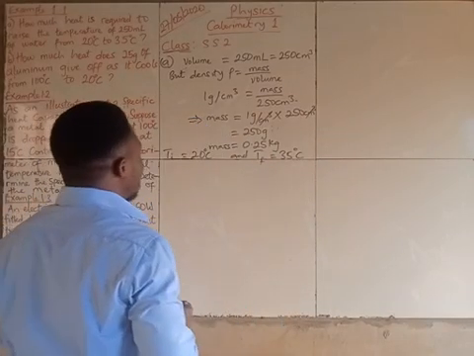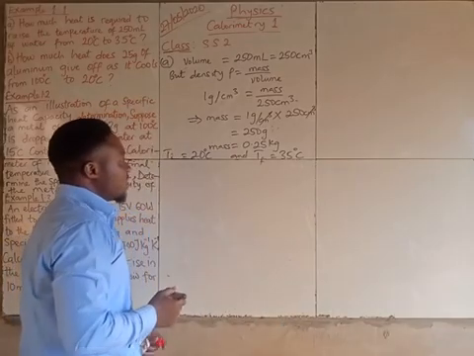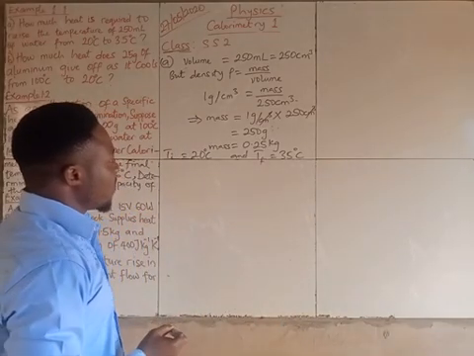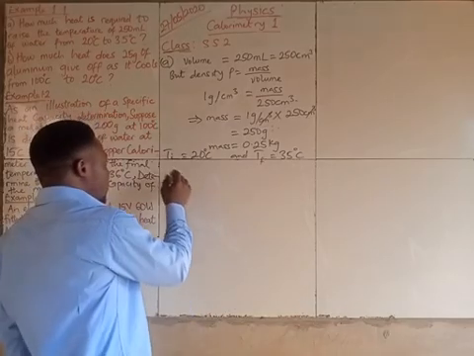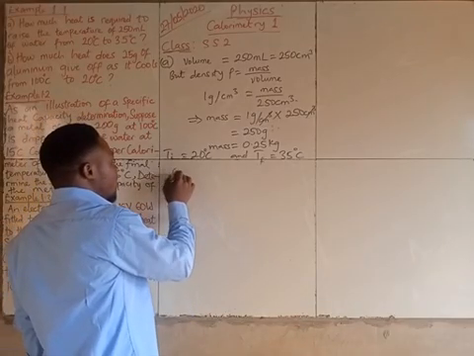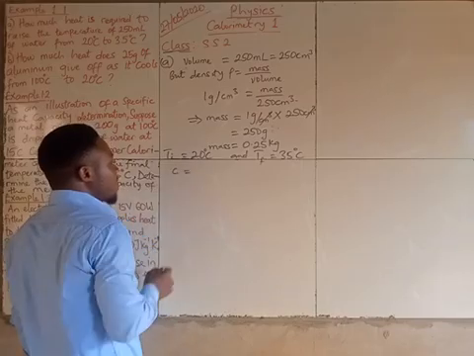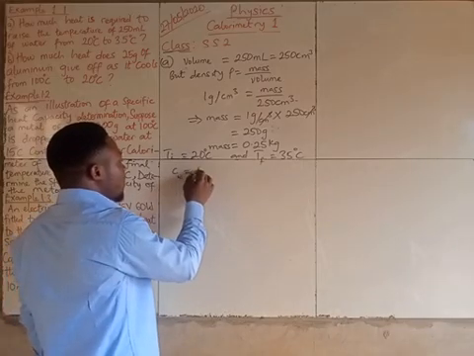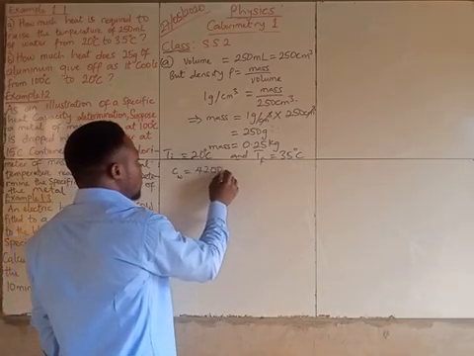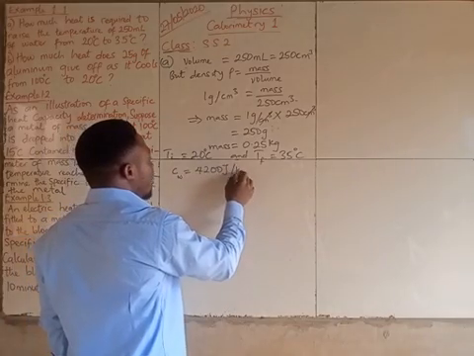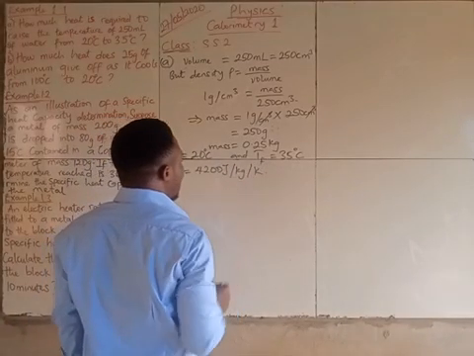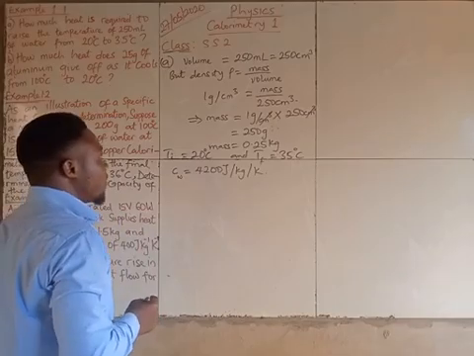We have to find the heat required. One thing is missing here, which is the specific heat capacity of water. If you check the slide, you also discover that the specific heat capacity is given there on that table, table 1.1. That C for water is 4,200 joule per kilogram per Kelvin. That is the specific heat capacity of water.